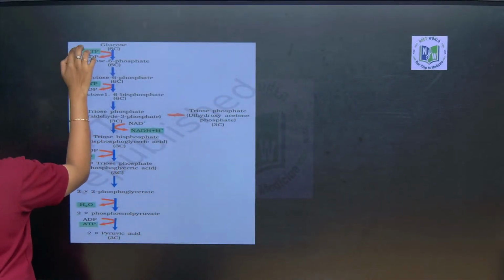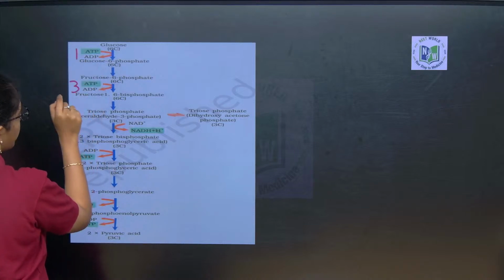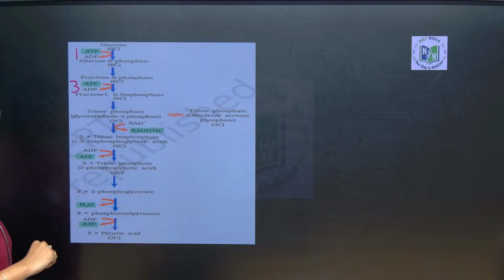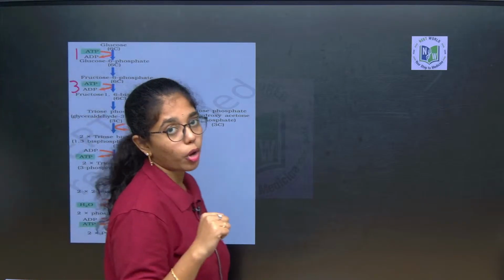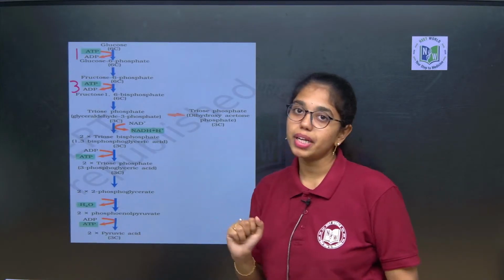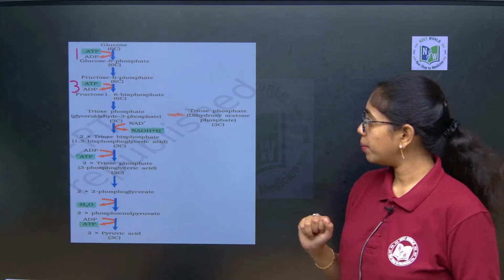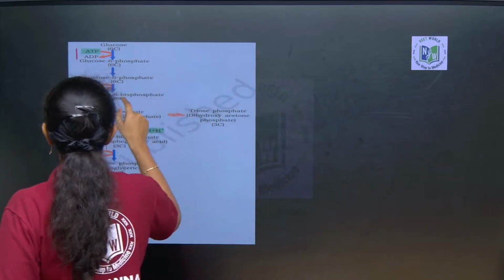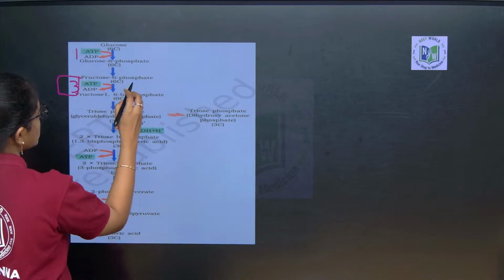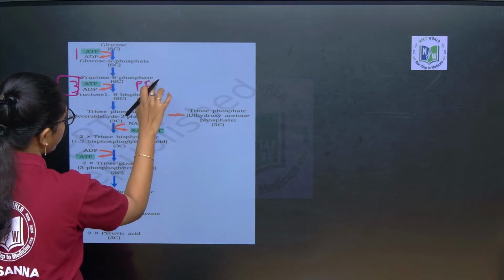At the first step and third step, 2 ATP molecules are utilized, and these are rate limiting steps. The rate limiting step of glycolysis is the third step, and the enzyme which is catalyzing this is phosphofructokinase.